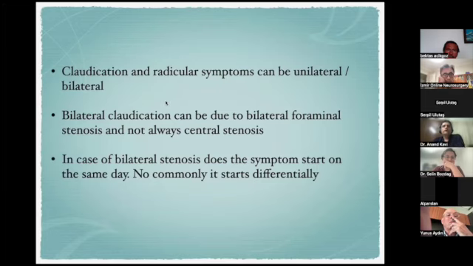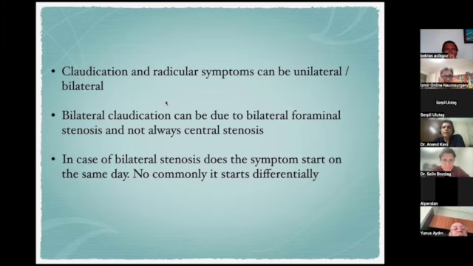Now, if you see the patients of stenosis, they usually complain of claudication and radicular symptoms, but these symptoms can be unilateral or bilateral. Bilateral claudication can be due to bilateral foraminal stenosis and not always central stenosis.